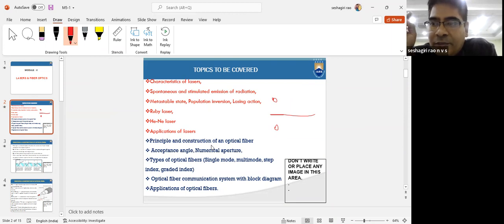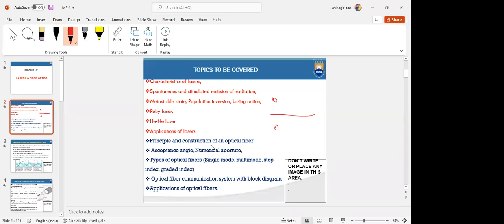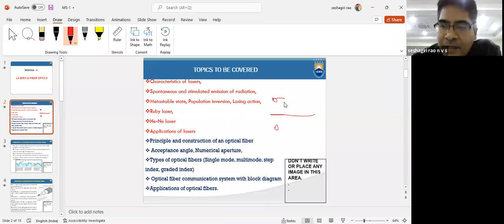We have two mediums. One is optical rarer medium, another is optical denser medium. So from where should the light pass? Rarer medium, sir. So this is your rarer medium and this is your denser medium.